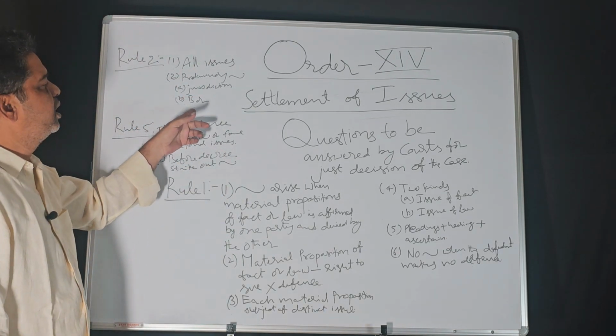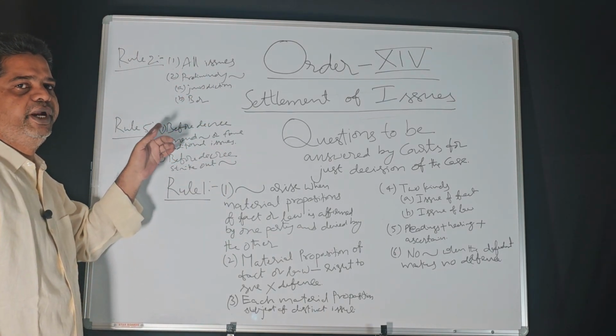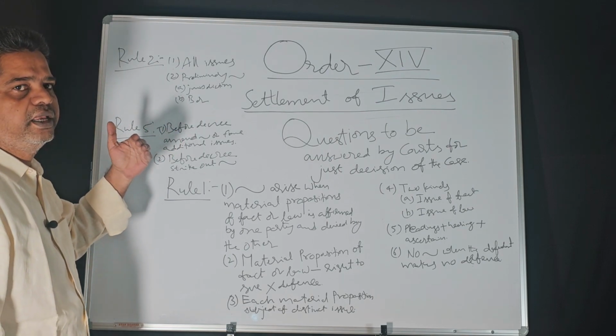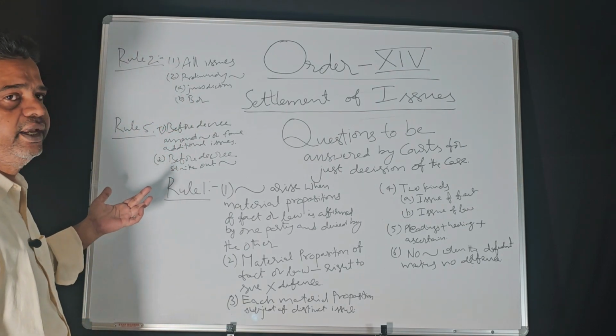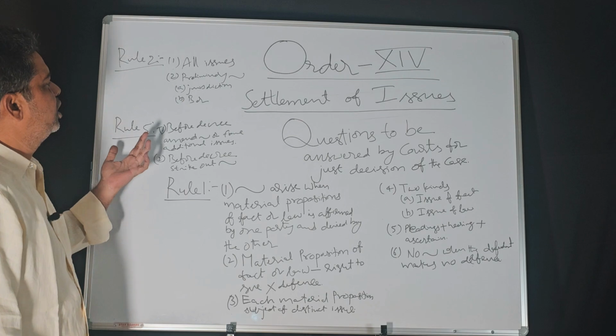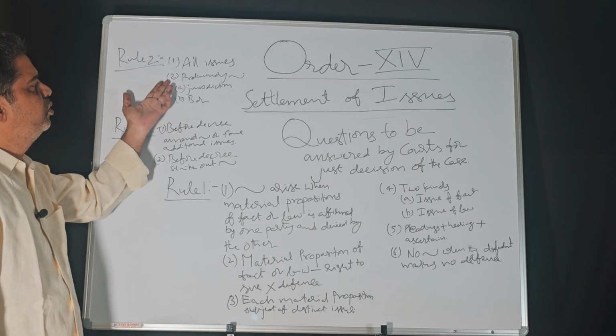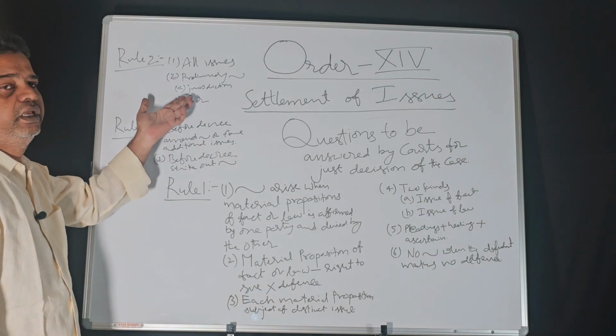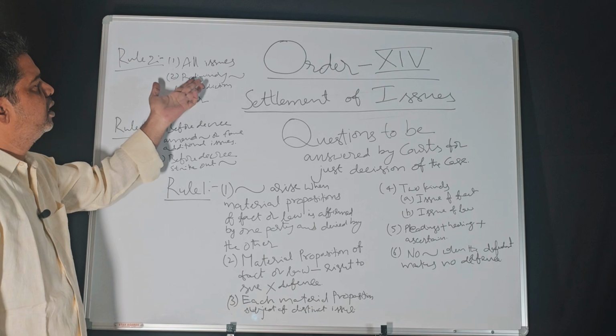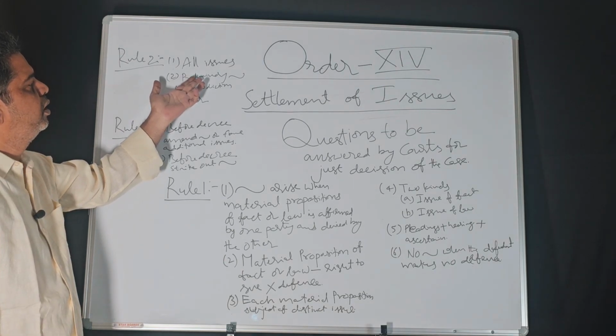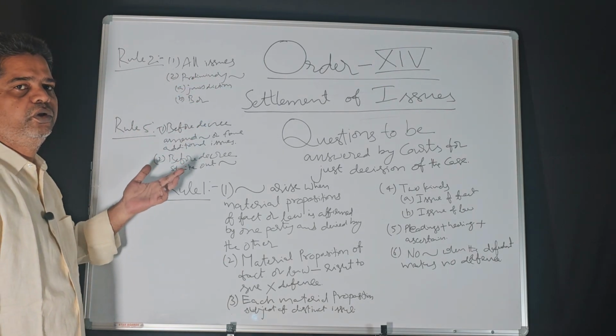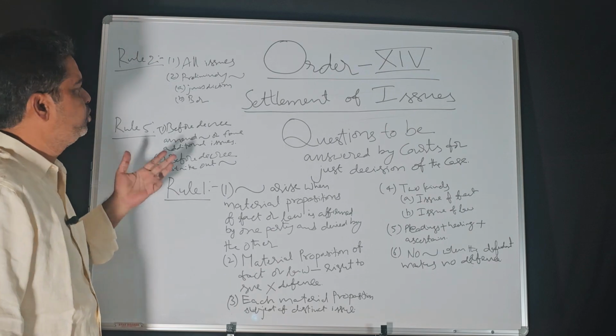When the court comes to the decision that the suit is maintainable, then it shall settle the other issues involved in the case. And if the court comes to the conclusion that the suit is liable to be dismissed as per the answer given to the preliminary issue, then the court need not frame the other issues.